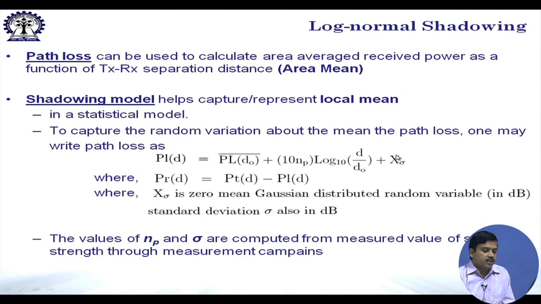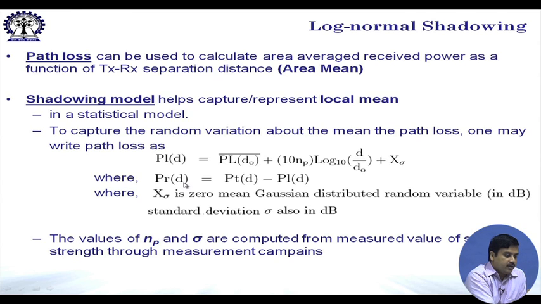This is the typical notation, X sigma, where the received signal strength is Pt at distance d minus path loss. So, with these two formulas we would be able to calculate the received signal strength at a distance d.